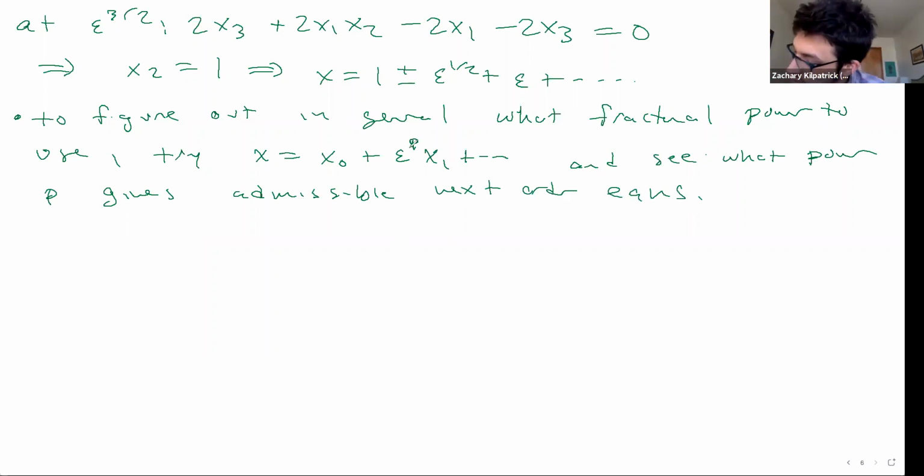So you can tune this p basically, and then your next order up would be epsilon to the 2p, epsilon to the 3p, and so on, okay?